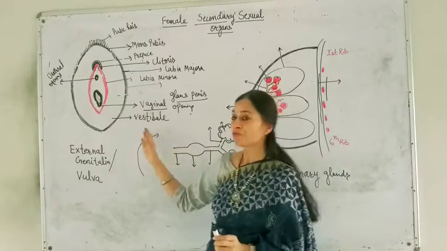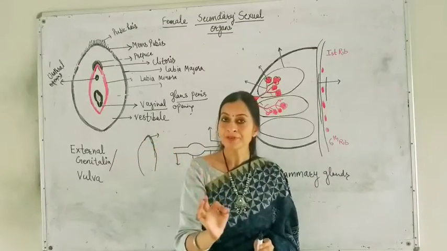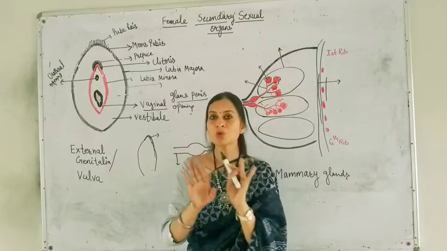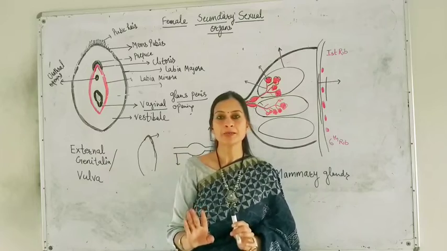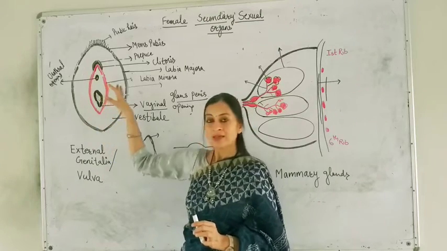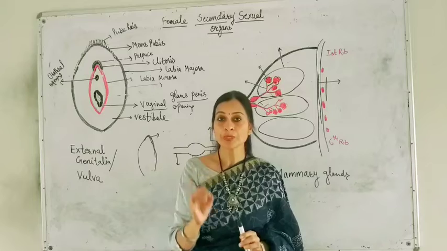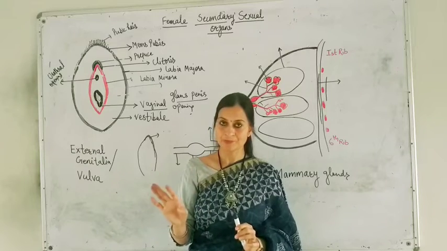But in females, the reproductive system and excretory system are totally isolated, so we are not going to call any of the paths a urinogenital tract.